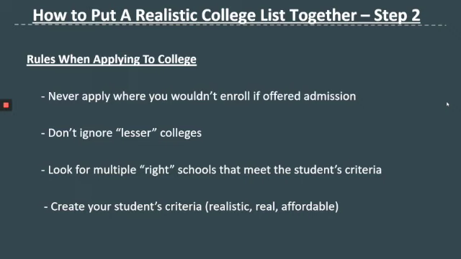A lot of times students, because they don't know what they're doing with the process and they don't have a program like Build Your Perfect College List, they may apply to schools that they're very confident they may get into, but they really have no desire to go there.